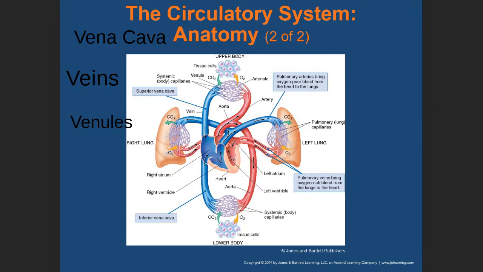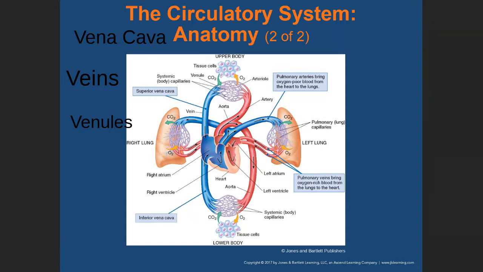Now, as you can see on this diagram, there's a section on the right side. So you have the right lung, the left lung, and the right and left sides of the heart. If you're looking at the diagram, you will see that the blood flowing through the venous system is deoxygenated. It does not have oxygen in it, right?